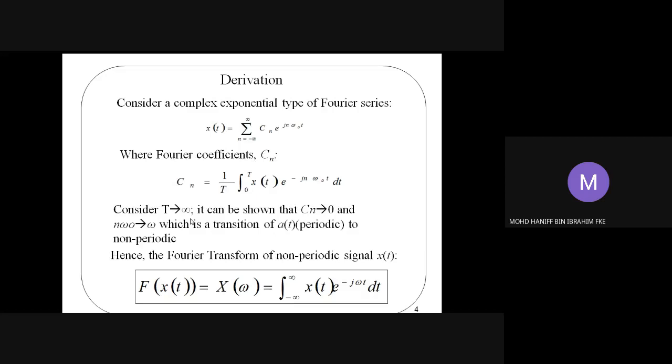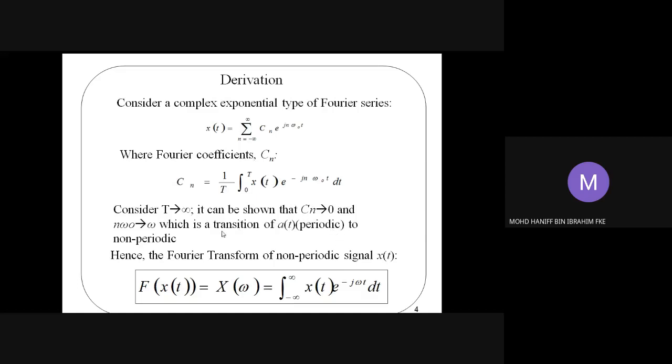I hope that you can try to figure out this mathematical analysis. It can be shown that if your T is approaching infinity, the Cn will be approaching 0, and we can further say that n omega naught will be approaching omega, and this will be the transition from a periodic to a non-periodic signal x(t).